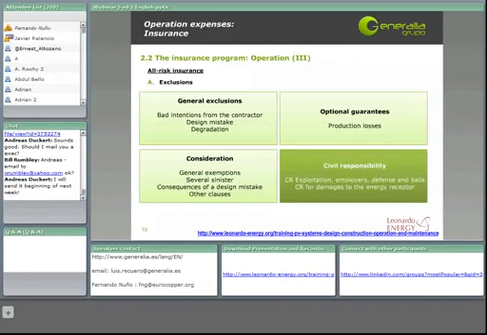For all-risk insurance, normally they include everything that we have seen in the last slide, and they exclude what they are saying that they are excluding in their contract, which would usually be bad intentions from the contractor, which is something that it's quite weird to happen, or a design mistake.